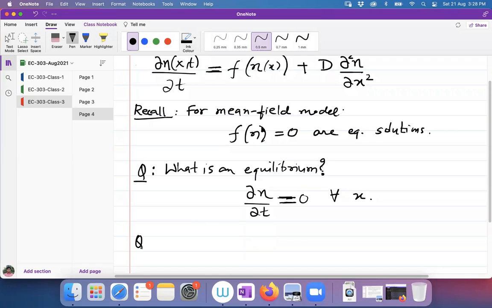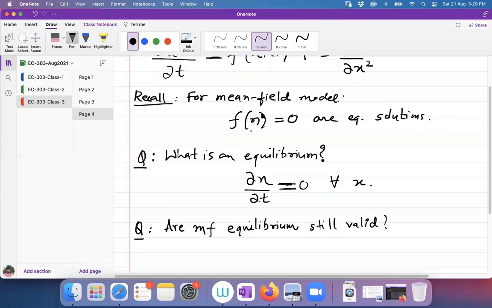So I have the following question now. Are mean field (MF) equilibria still valid? Let's say I find some solutions of n by solving only this part, the reaction part.